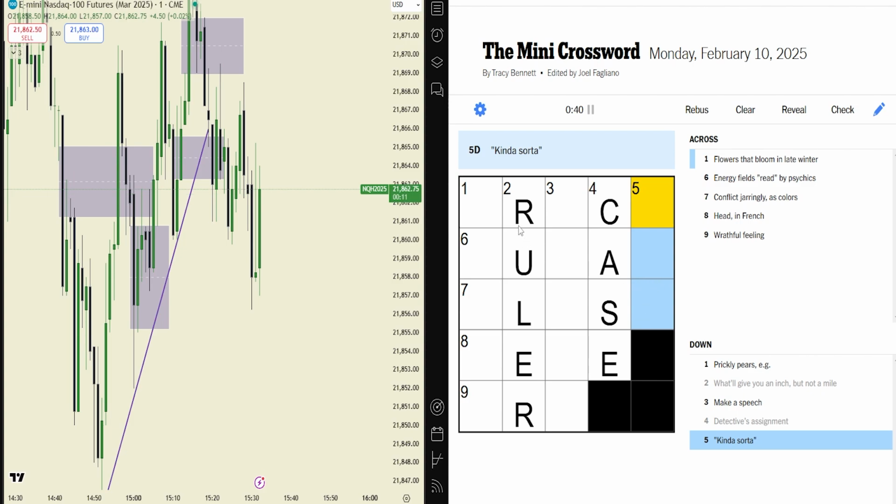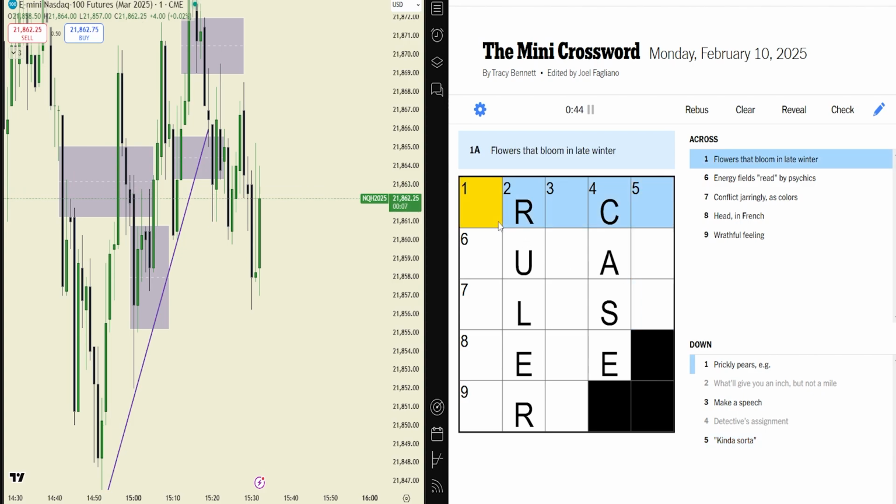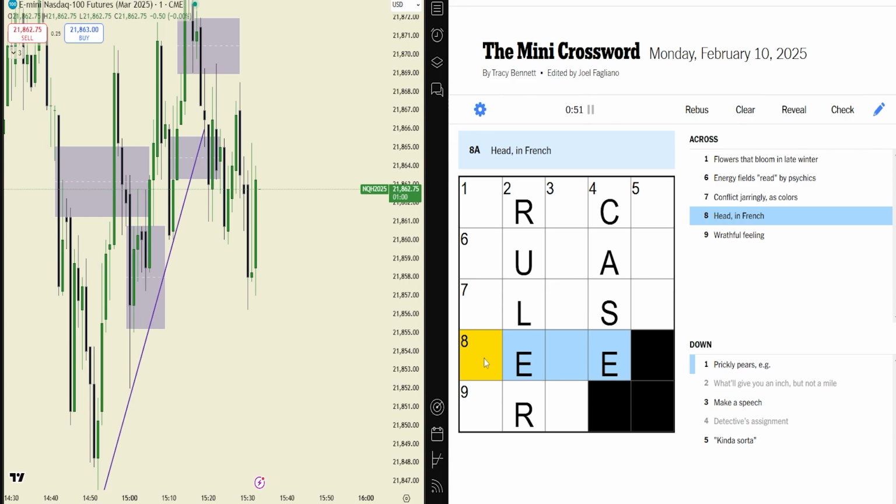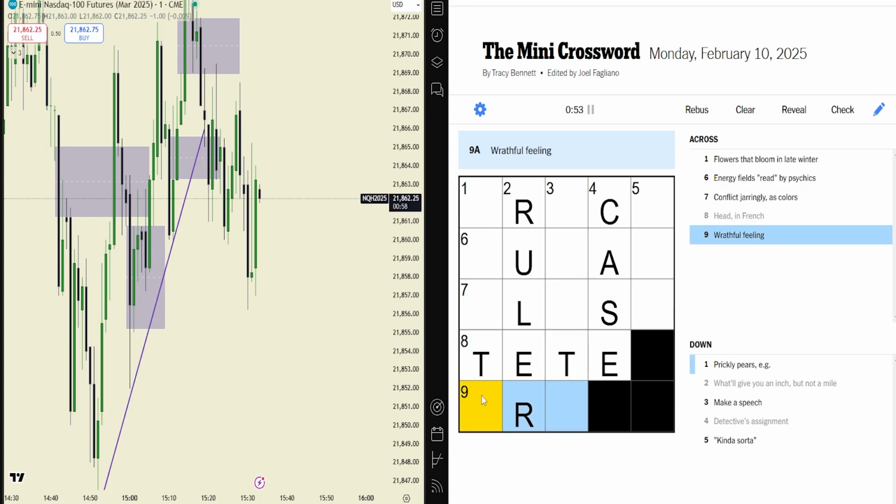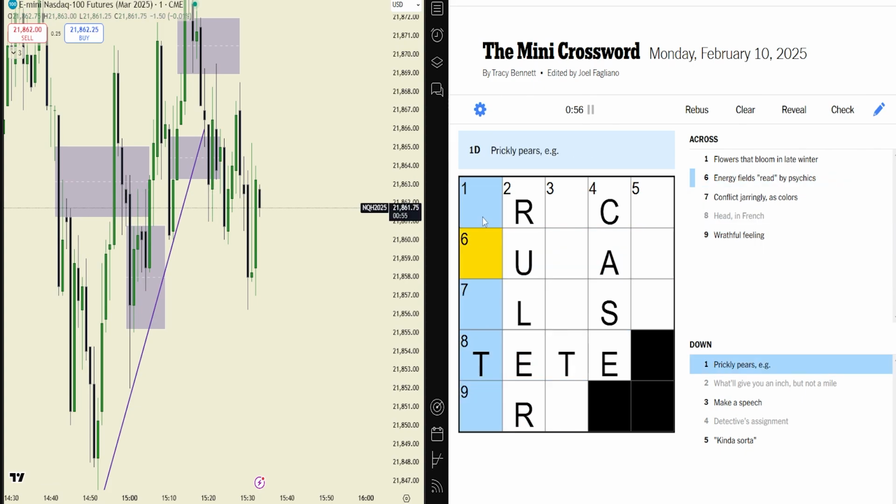Kinda sorta. Okay. I think this is cacti. Wait, oh, I'm an idiot. Give me a sec, guys. There we go.